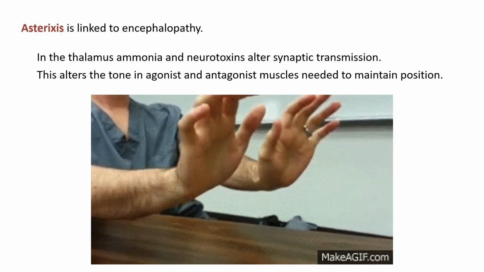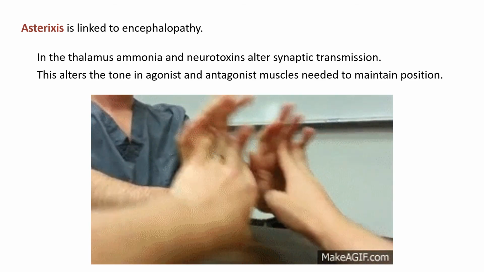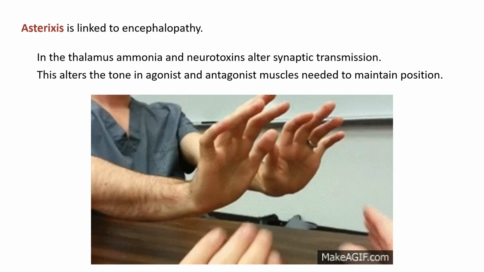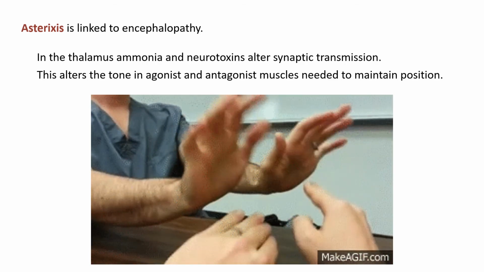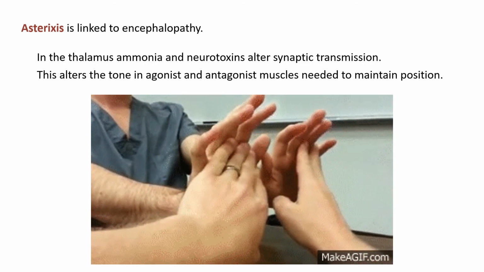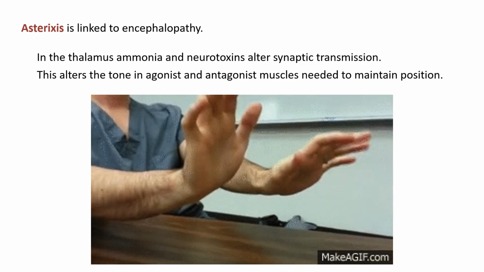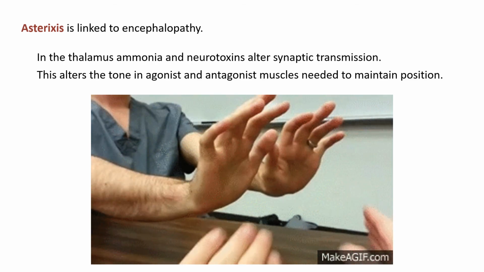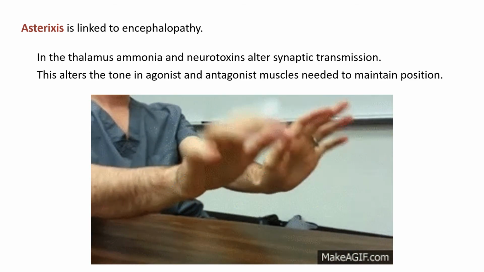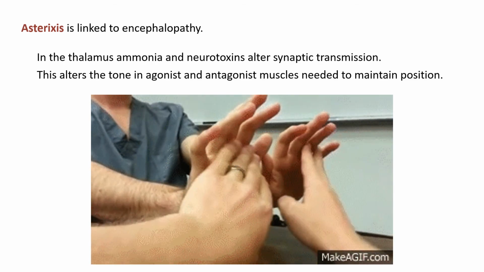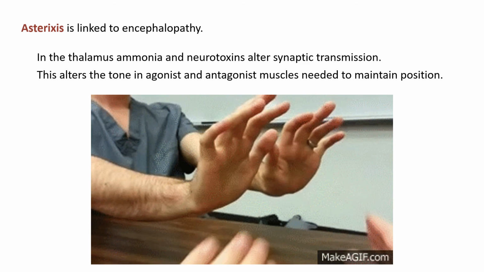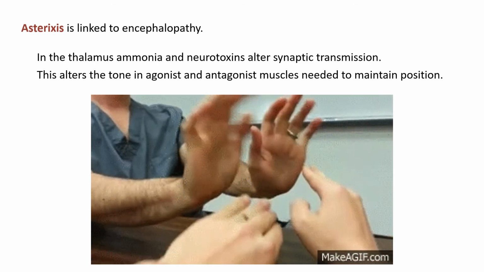Asterixis, your liver flap, and this is the proper way to test it, is linked to encephalopathy. And it's thought to be that this all happens in the thalamus. Remember, the thalamus is the precortical relay point. Ammonia and the neurotoxins alter synaptic transmission, which has an impact on the balance between the agonist and the antagonist muscles needed to maintain position.